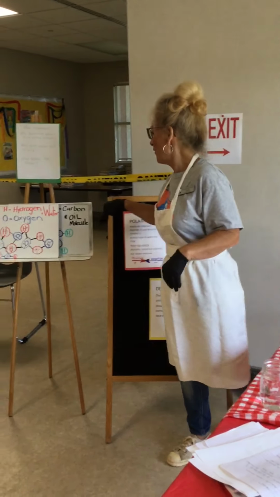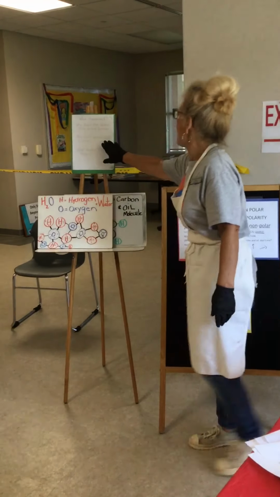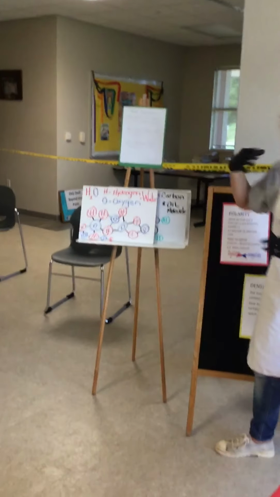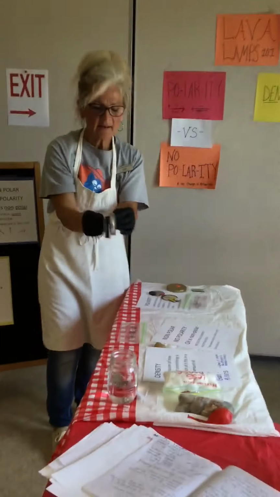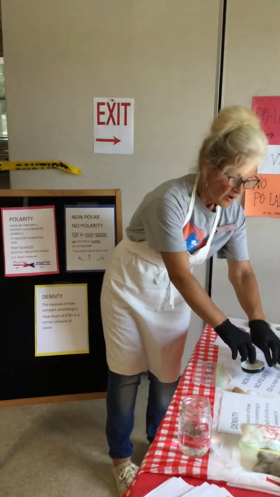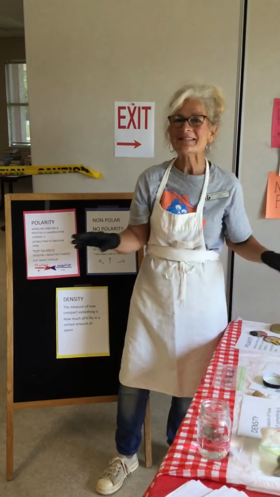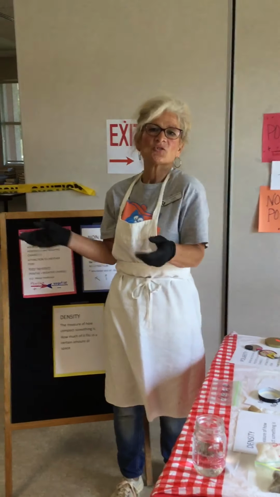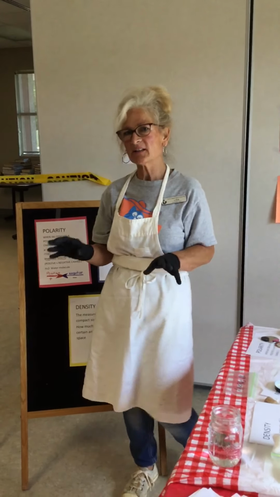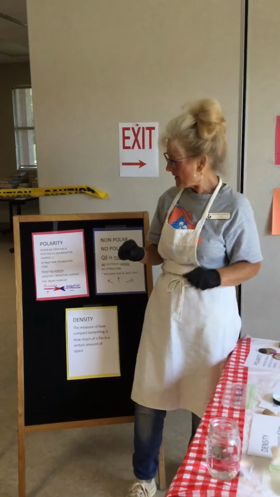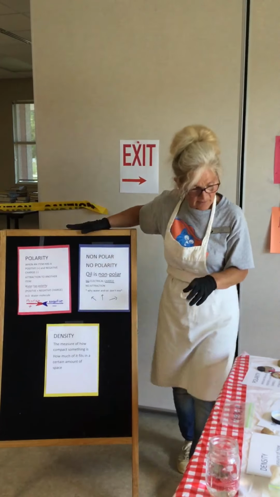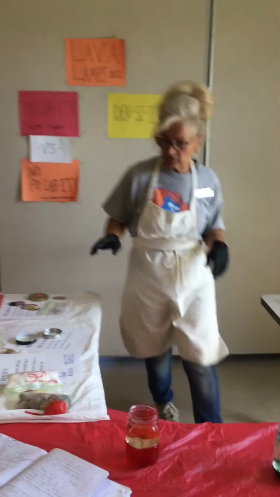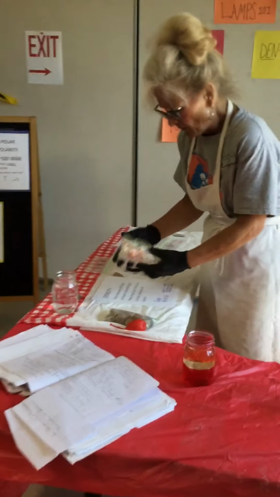Then we have oil. Why did the water and the oil not mix? Well, here's what happened, like you said. It's not polar. That water or that oil does not need to attach to it. It's balanced just like it is, okay? And so, like we said, we talked about density. And I'm gonna step over here for a minute. Like we talked about, we have objects.